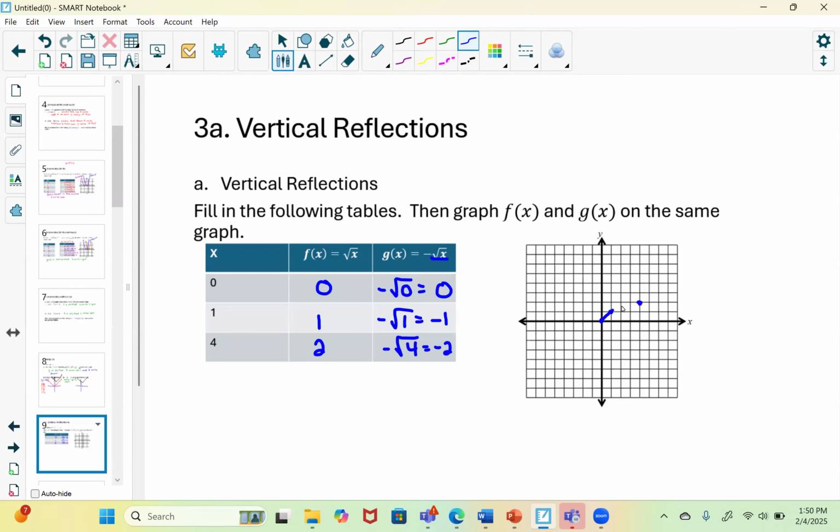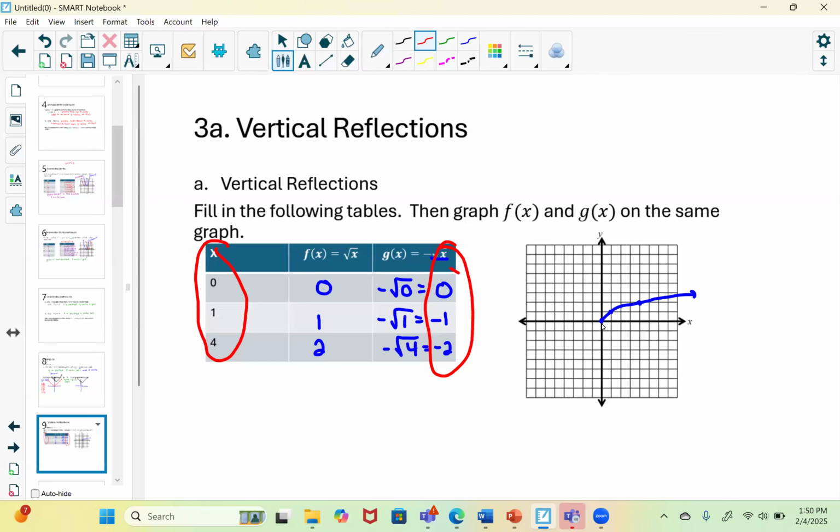Okay, and remember square root makes like half a parabola there. Okay, so then we have negative square root of x. Okay, so I'm going to graph these x values with these y values. Okay, so pretend like this table's not in the middle there.